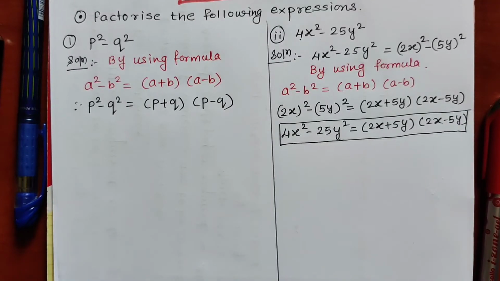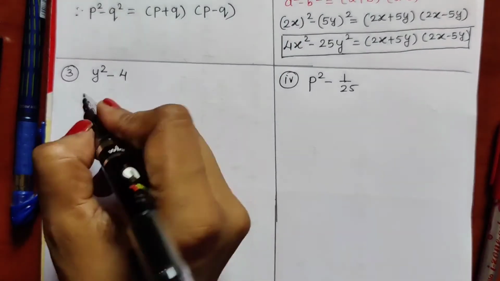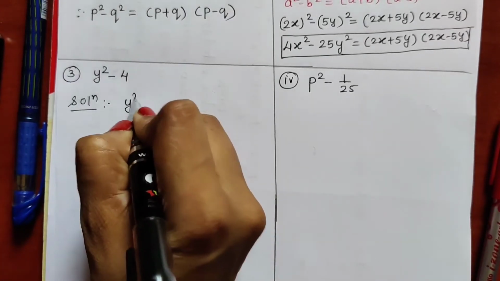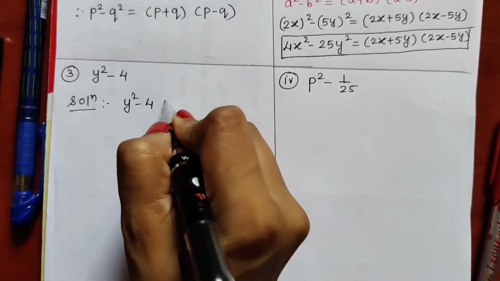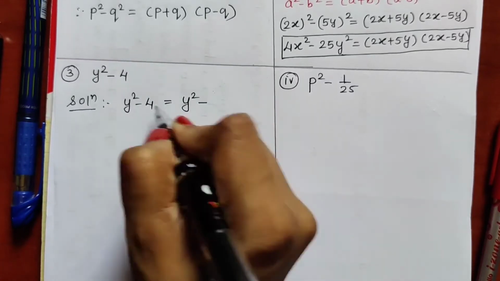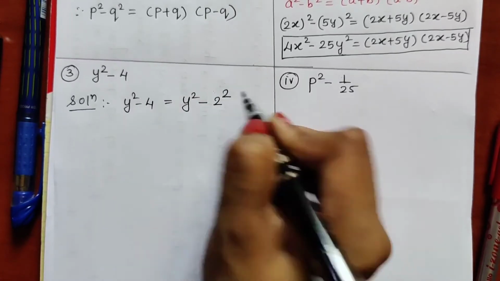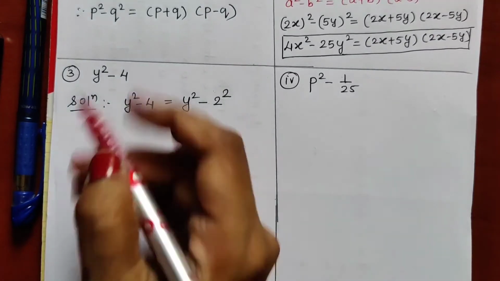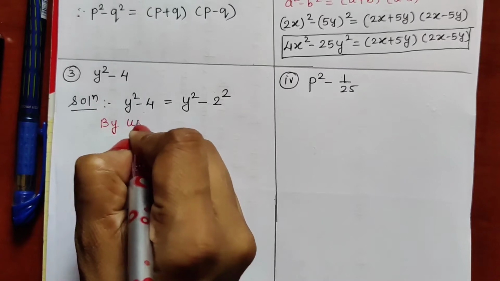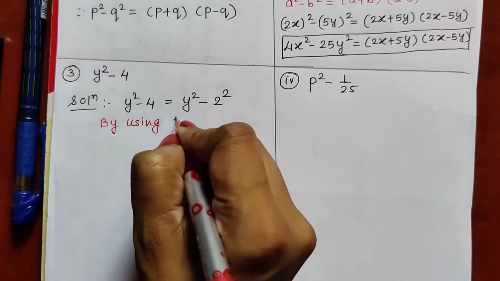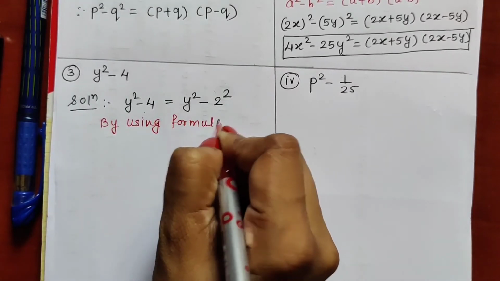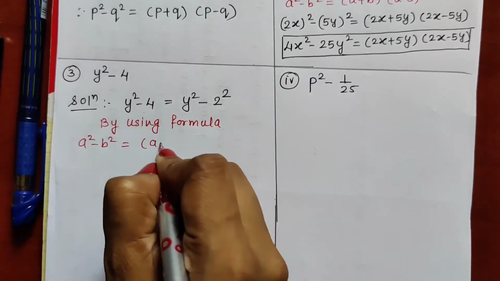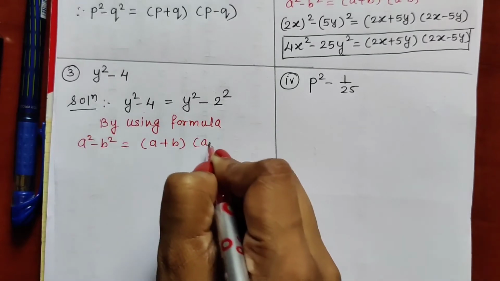Now let us see the third sum. y square minus 4. Y square is a perfect square, so we write y square as it is, minus 4. 4 is the square of 2, so we should write 4 as 2 square, and only then can we apply the formula. So by using the formula, we write a square minus b square is equal to (a plus b) in the first bracket, (a minus b) in the second bracket.